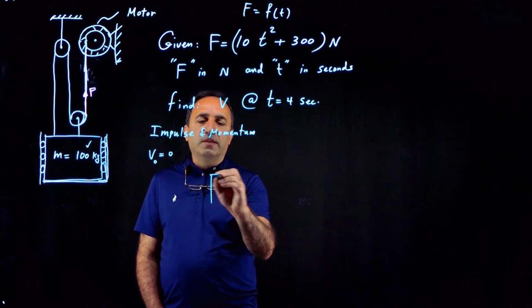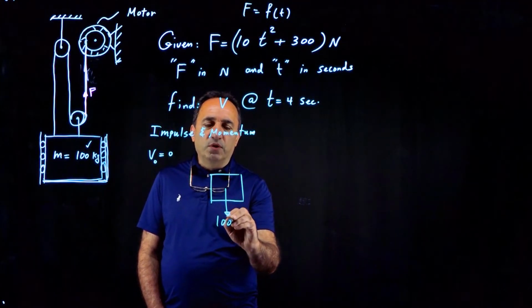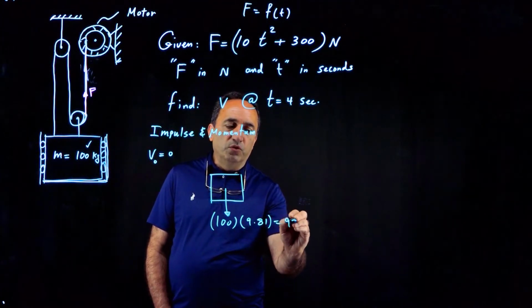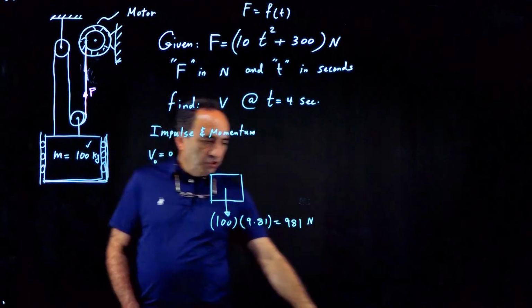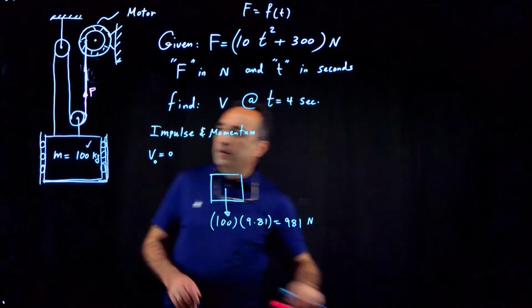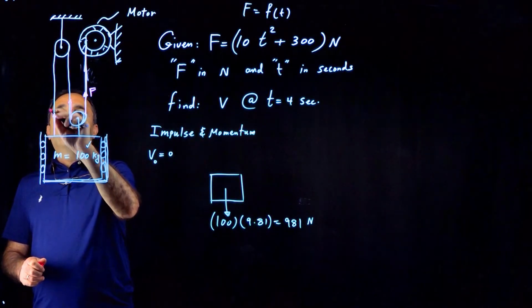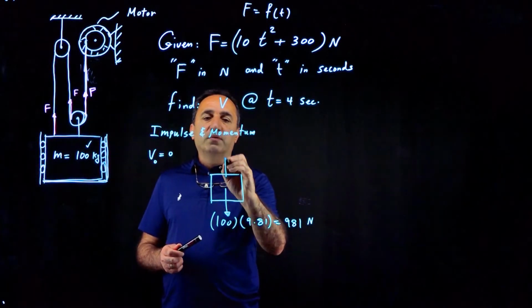So if you draw a free body diagram, notice that the weight of this crate is going to be 100 times 9.81, or 981 newtons, right? And notice that with this hoisting mechanism that we have, the effective tension is going to be 3 times that force coming from the motor.